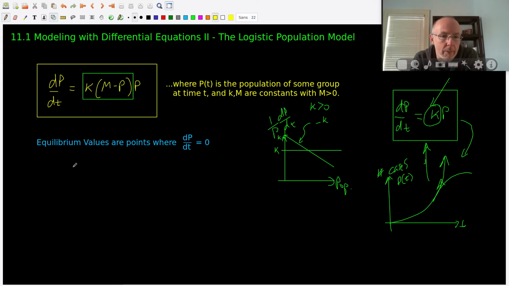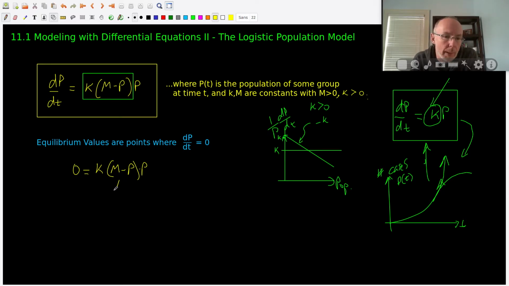So in this case, the equilibrium values are when the rate of change of population is equal to 0, and so we get this equation. It's already factored. K is a constant, and I said M was greater than 0. I think I also want to say K is greater than 0 here. We're thinking about population increase.